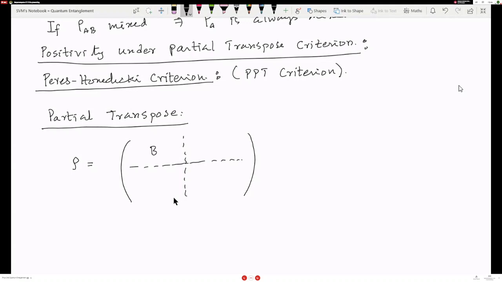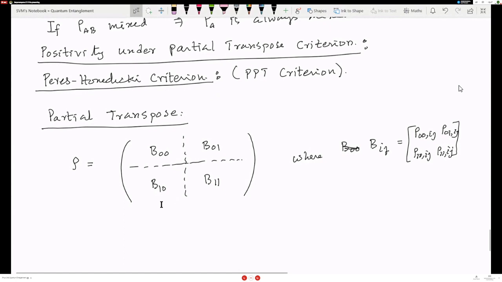Let us call them B00, B01, B10, B11, where each one of them, let me simply call it Bij, will have elements rho 00 ij, rho 01 ij, rho 10 ij, rho 11 ij. So these are like blocks.